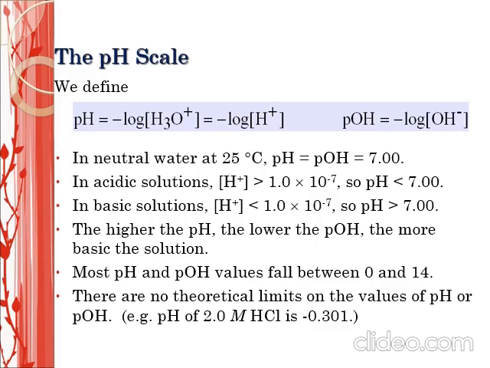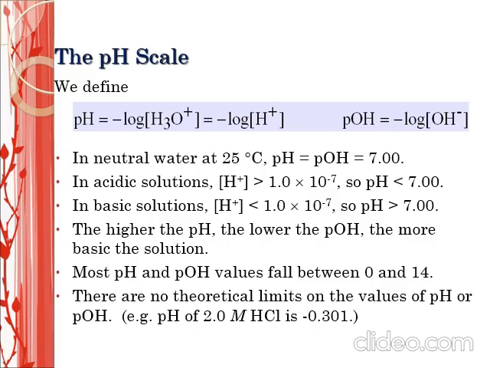Now, in neutral water at 25 degrees Celsius, pH will be equivalent to pOH, which is 7. In acidic condition, the H plus concentration will be more than 1 times 10 power negative 7. So it means that pH will be less than 7.